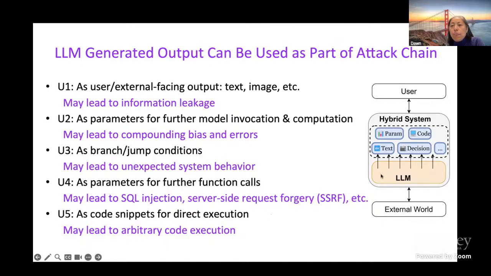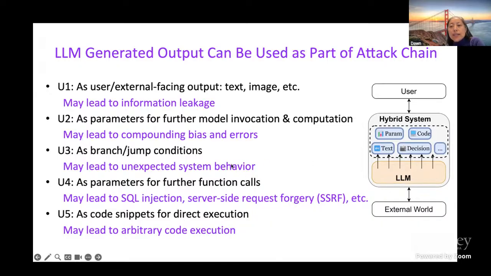And also, sometimes the LLM will be used to directly generate code, and then this code can be executed in the system. And this is when the LLM-generated output, in this case code, has issues. For example, it can actually generate malicious code. And when under attack or when the LLM somehow misbehaves, this could lead to security vulnerabilities such as arbitrary code execution.